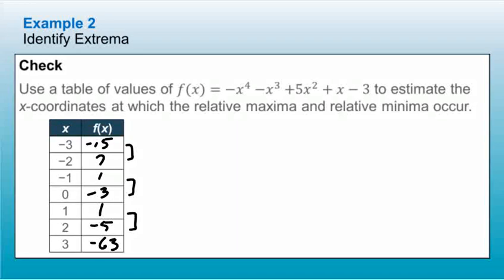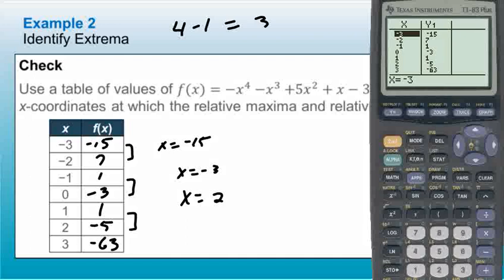So the lowest point looks like at negative 5, so the x would be 2. And if we did 4 minus 1, we can have a maximum of 3 extrema. So it crosses there, crosses here. We could have one at negative 3, and we could also have one at negative 15, but let's verify that with our graph.